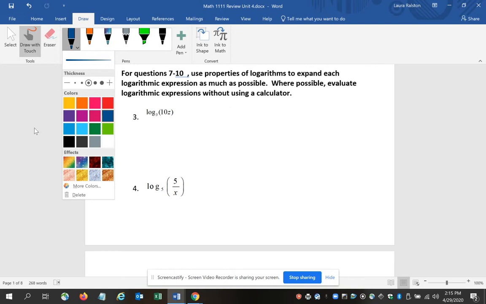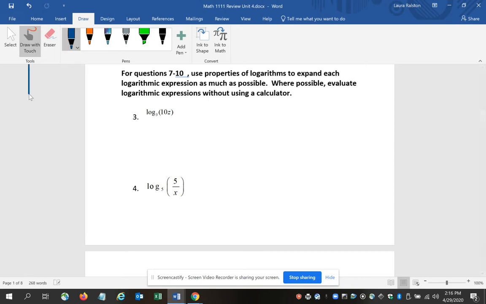So we don't want to have decimals. If we can simplify it to a whole number, then we'll do that. And I'm going to indicate which property I'm using, okay, from the PowerPoint. You do not have to indicate which one you're using on the test.